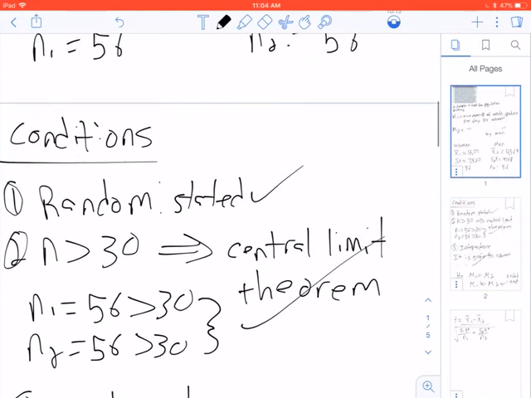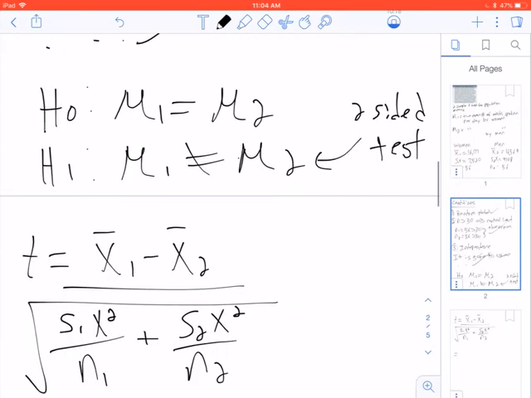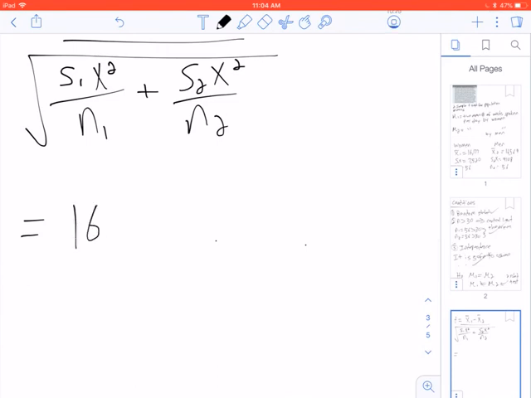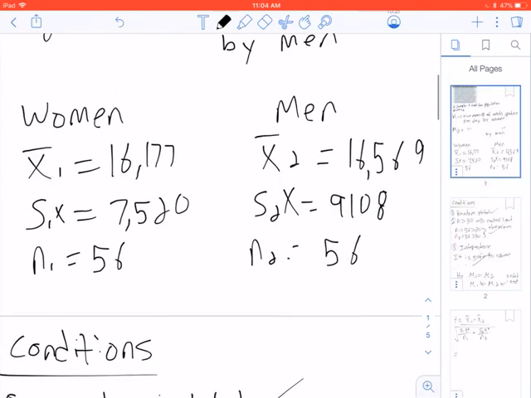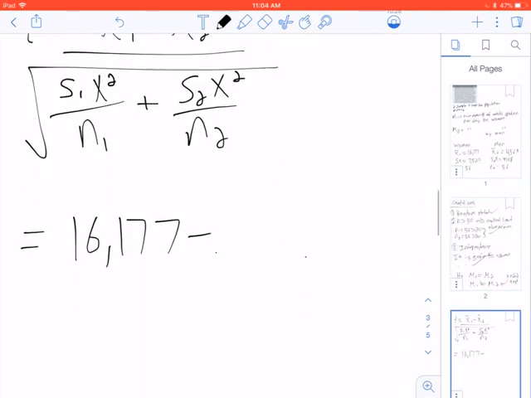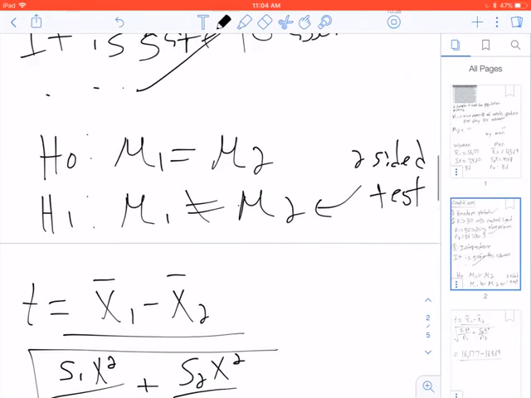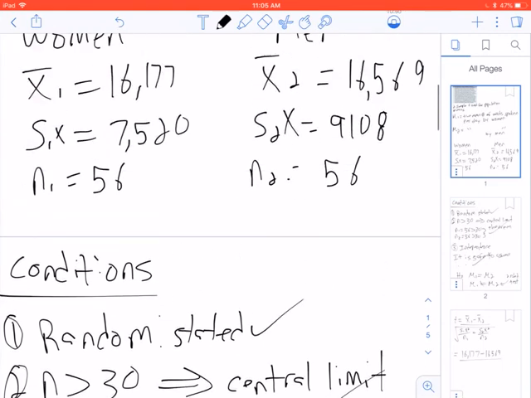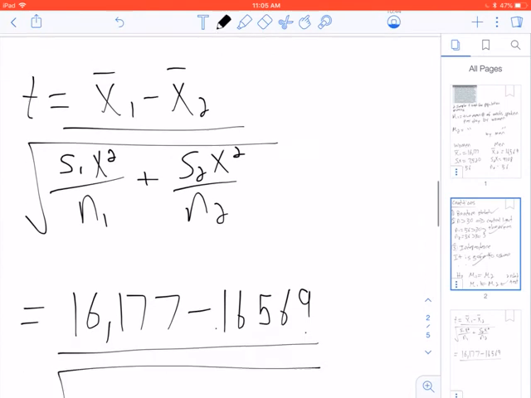So x bar 1, the mean for the women, was 16,177, minus the mean for the men, which is 16,569, divided by, under here I have to put the square root of, the sample standard deviation for the women, which was 7,520.